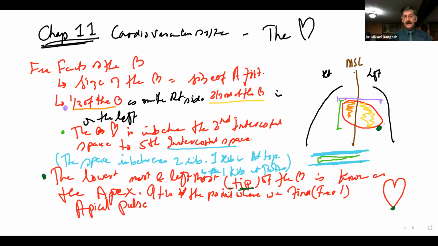So at the apex of the heart, there is a point where you can actually feel what we will call an apical pulse. This apical pulse, guys, just means that you can feel the heart beating.